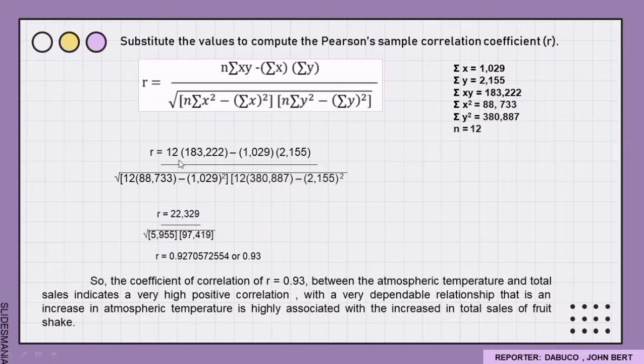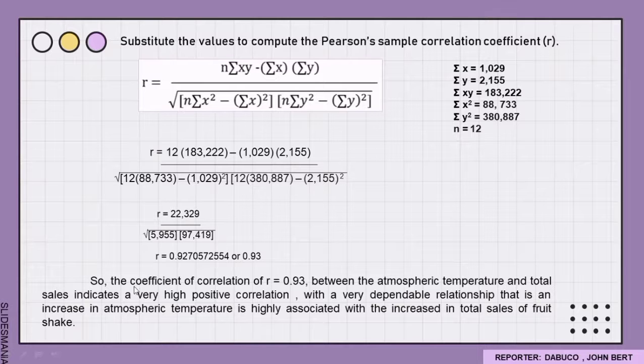Substituting, we have R equals 12 times 183,252 minus 1,029 times 2,155, divided by the square root of 12 times 88,733 minus 1,029 squared, times 12 times 380,887 minus 2,155 squared.